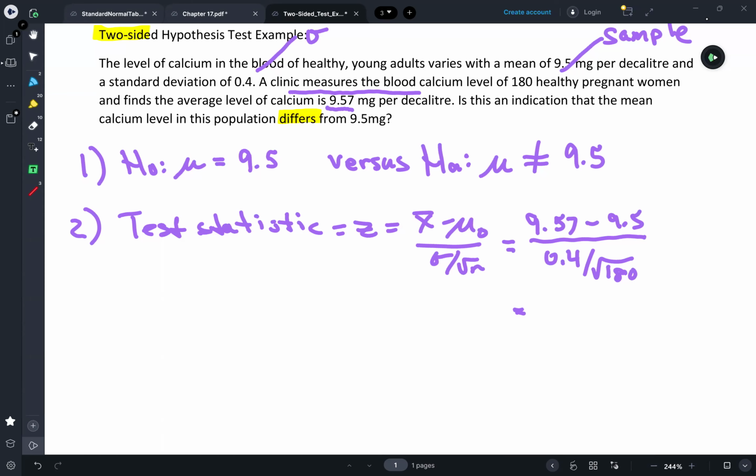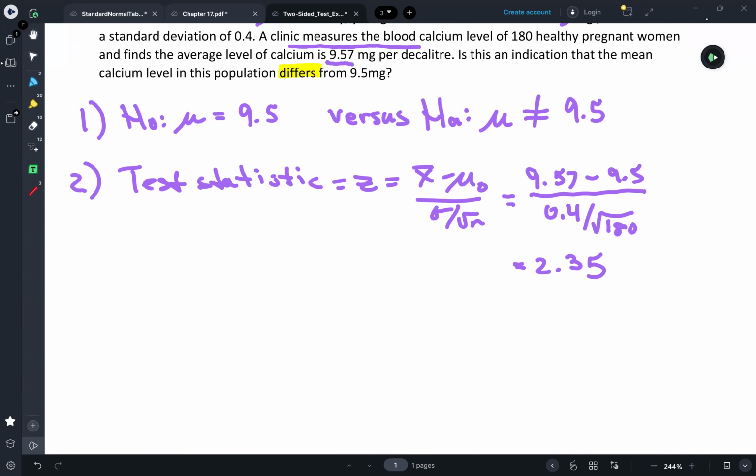No? I have something, I can redo mine. Does anybody have a different value? Yeah. 2.35. I get 2.35 as well. So just check your answers, 2.35. All right.